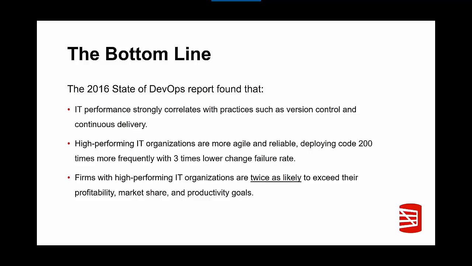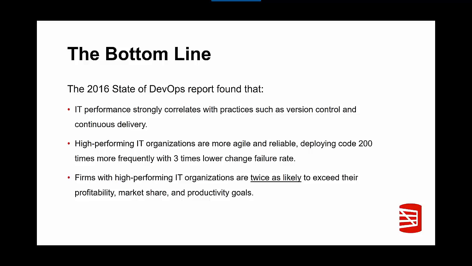So the 2016 State of DevOps report, great read by the way, you should check it out, found that once you've got version control and continuous delivery built into your organization, you start to see higher IT performance. It's not simply that we're not fighting with the devs anymore. It is literally we are supporting the business better.